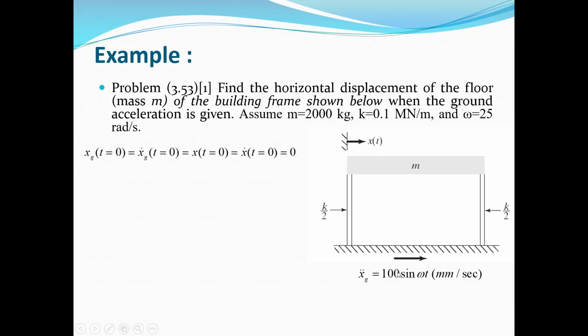So we deal with a non-homogeneous equation. Because the initial condition is 0, we can neglect the homogeneous response, and only the particular response will affect the motion of this system.